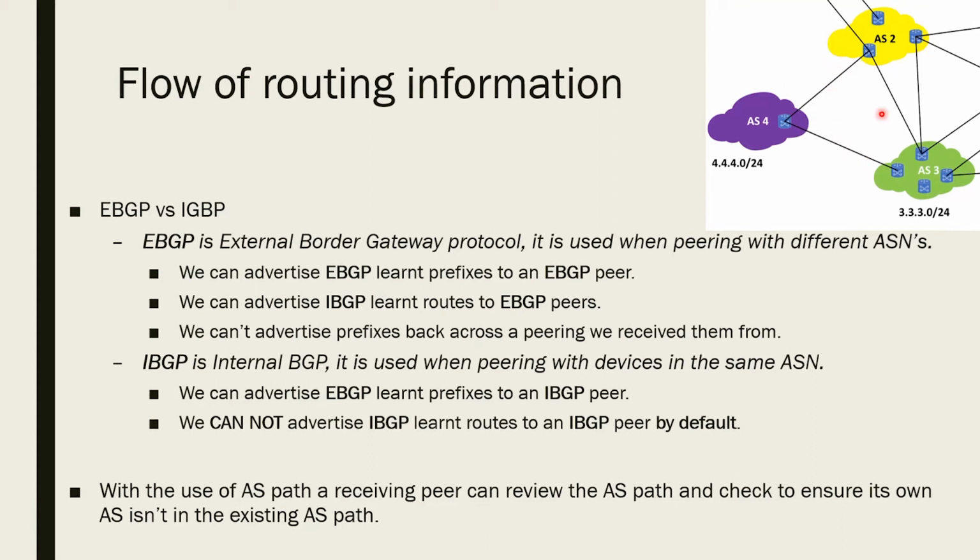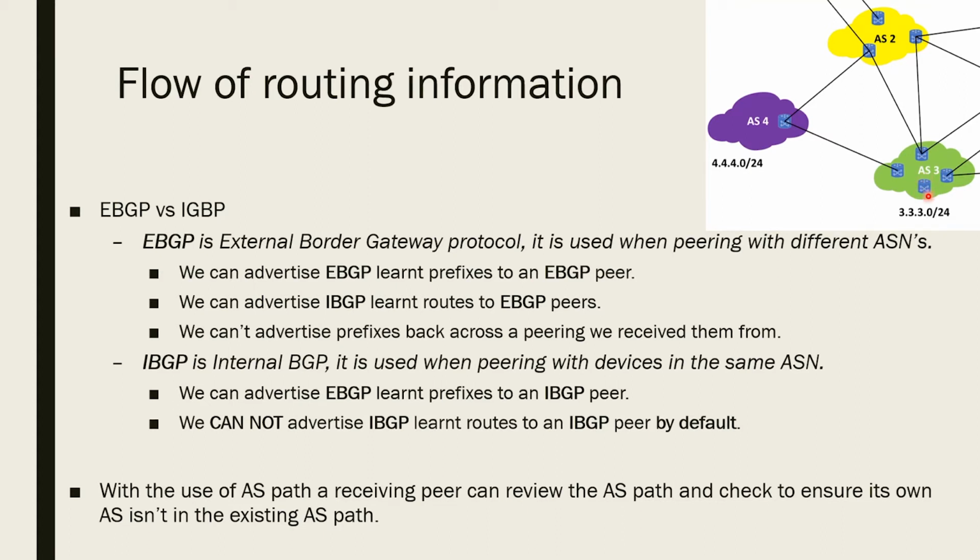So when we look at internal BGP, there's another rule as well. Let's say AS4 has now advertised this prefix to this device. This device can advertise it onto this device here, and that's fine because it's an eBGP learned prefix advertising to an iBGP peer, an internal peer.